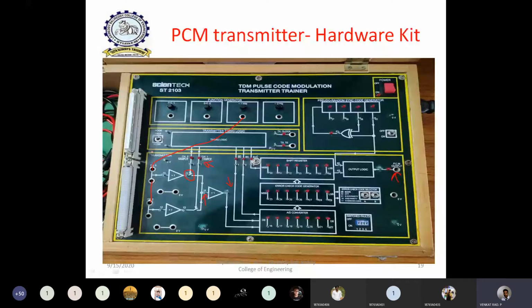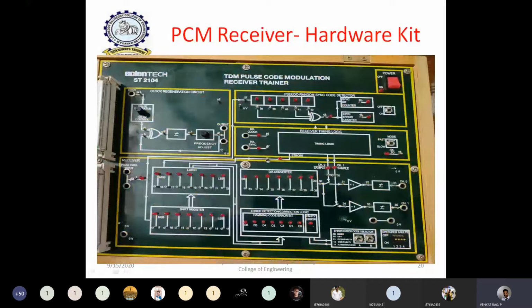Of course, this is the received hardware kit, and this is specially the PCM receiver kit. After obtaining the PCM output, if you connect the PCM output to the receiver input like this, then this is the complete PCM receiver block, which contains the reconstruction filter, digital to analog converter, and low pass filter.